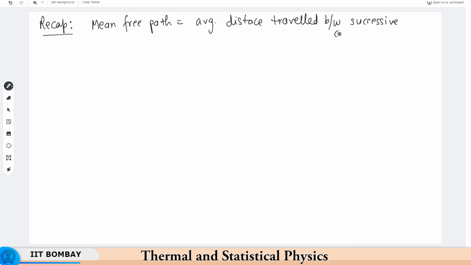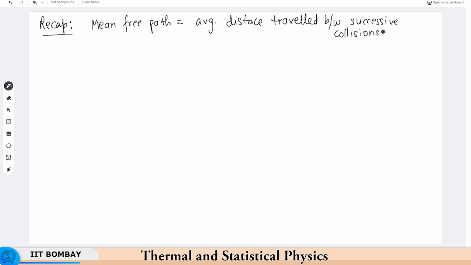So, we can just recap. We defined the concept of mean free path, which is nothing but the average distance travelled between two successive collisions, right.